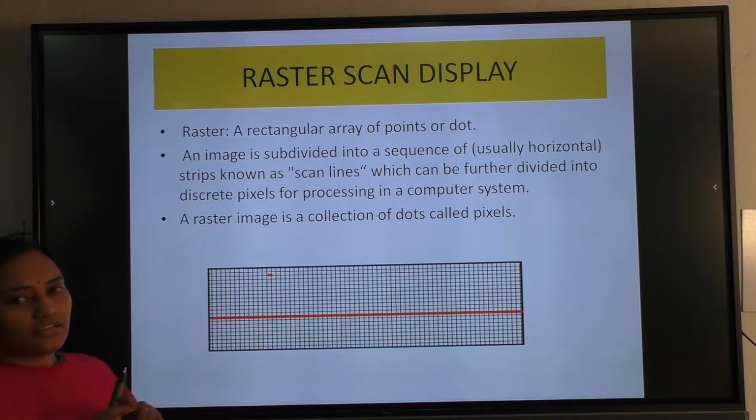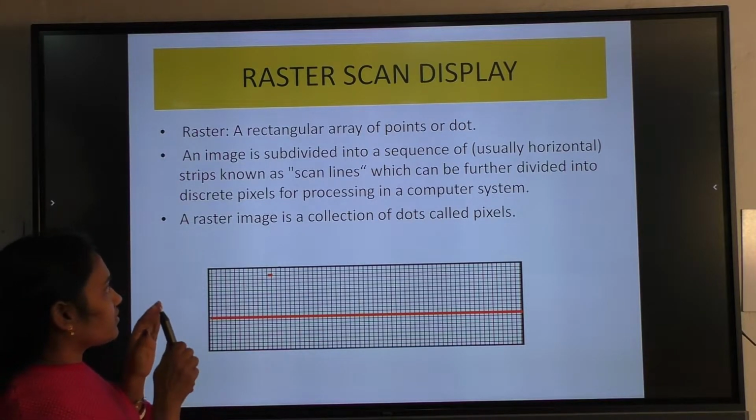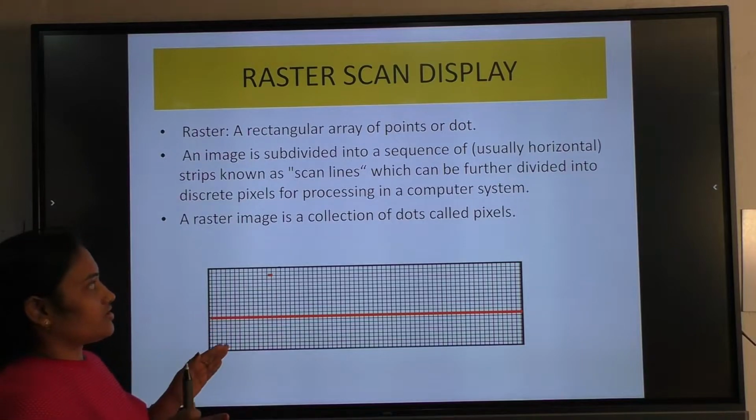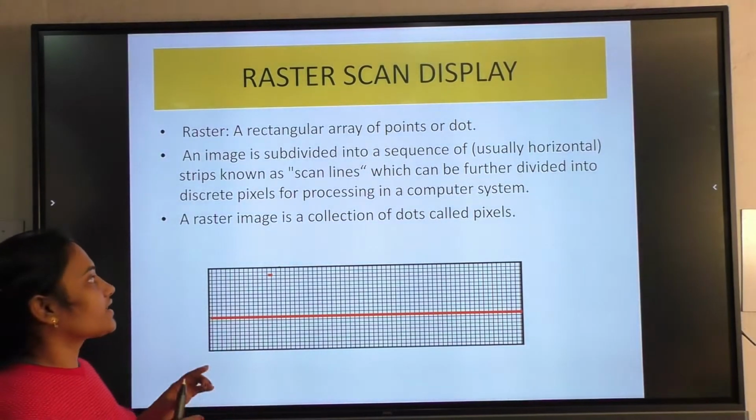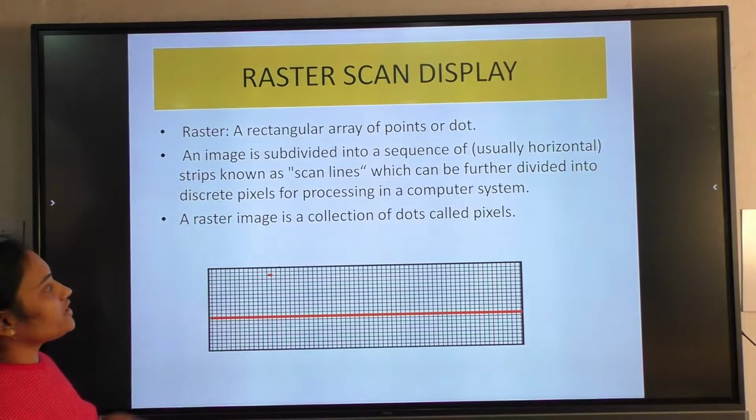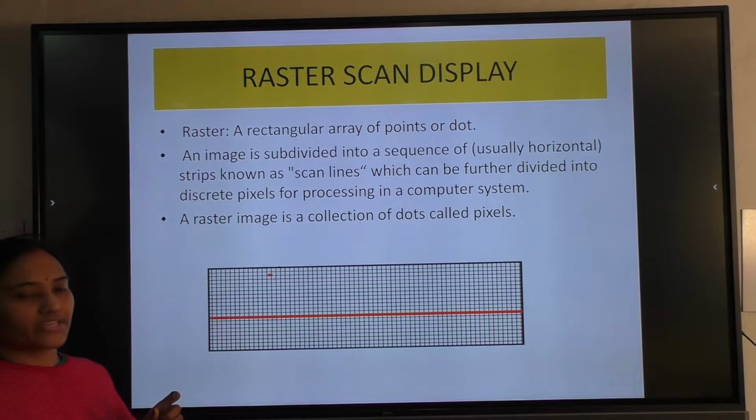That means in the computer screen, the sequence of dots or scan lines horizontally is known as scan lines. A raster image is a collection of dots called pixels.